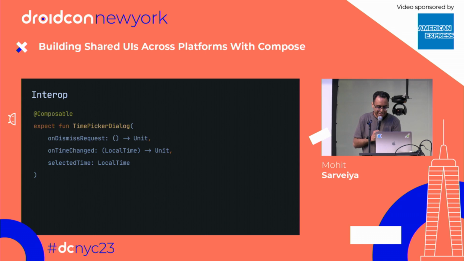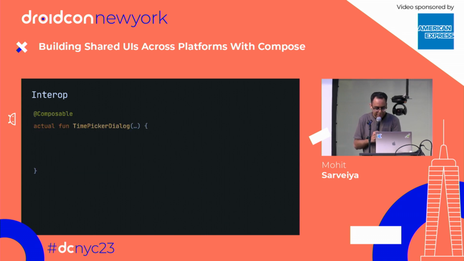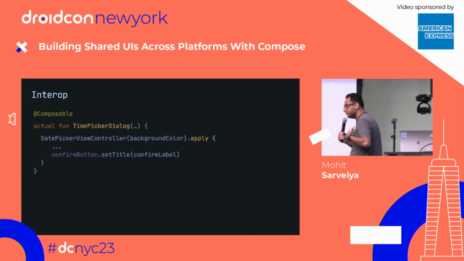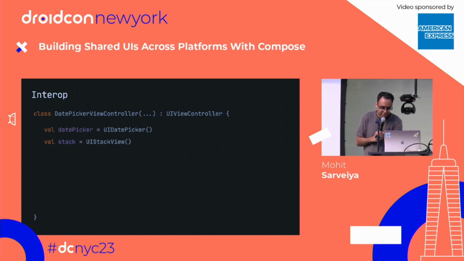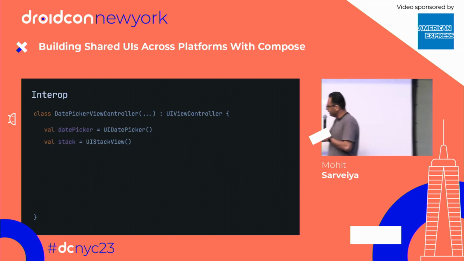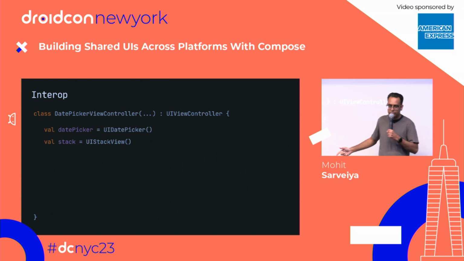So basically, in the actual version, it looks like this. This is the iOS version. In the iOS version, I'm going to create a date picker view controller. This is what Chris did. He's smart. Because I have access to bindings in Kotlin Multiplatform to UIKit, I have access to stack view, date picker, the native components.